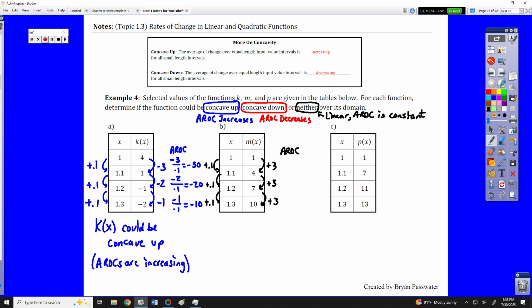That means our AROC is 3 over 0.1, or 30, for all 3 of those intervals. If your AROC is constant, we could say that m of x could be neither concave up or concave down, because the AROC is constant.